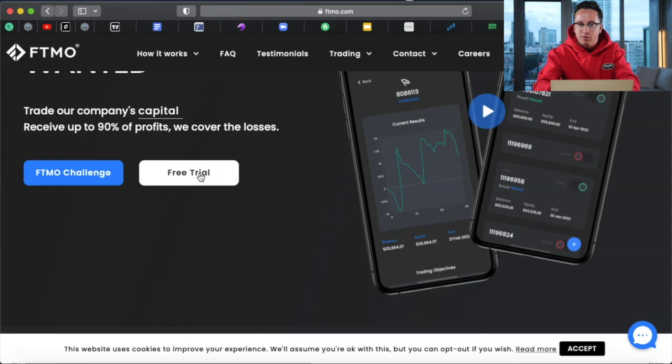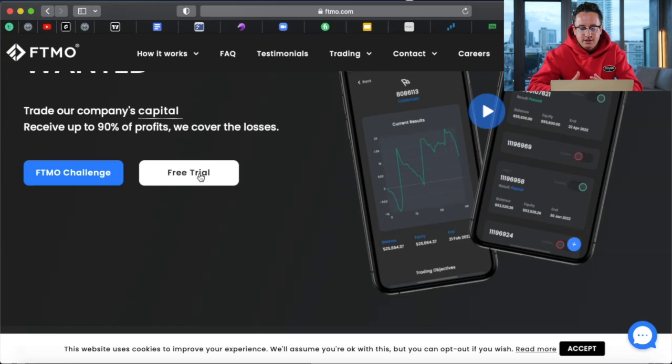We don't need to go buy a prop firm account right now and just hope that we're going to pass. We want to have very high levels of confidence and know that we understand everything. So I would implement the strategy that I just taught you guys on the free trial account and see if you're even able to pass the free trial, because let's be real, if you cannot pass the free trial, you're not going to pass the actual account itself.